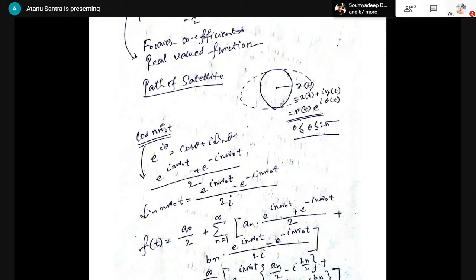Similarly, in case of sine of n omega 0 t, the expression will be e to the power i theta minus e to the minus i theta by twice i.